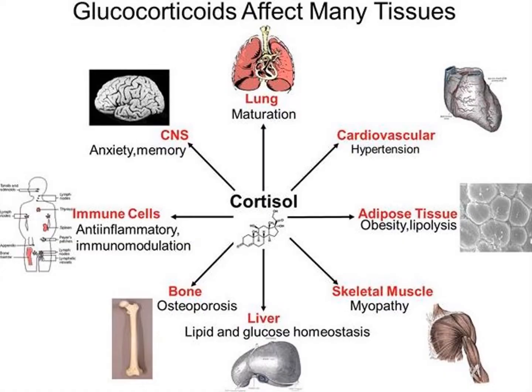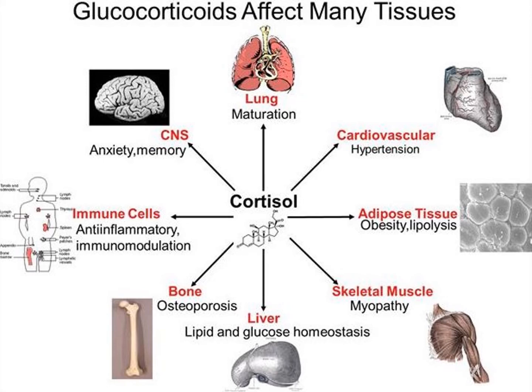Here you can see different organs and glucocorticoid effects, starting from the lung, fetal lung maturation. In CNS, you all know by now, it causes anxiety, memory problems, depression. In cardiovascular system, it may cause hypertension. In the immune system, it acts as an anti-inflammatory and immunomodulator.